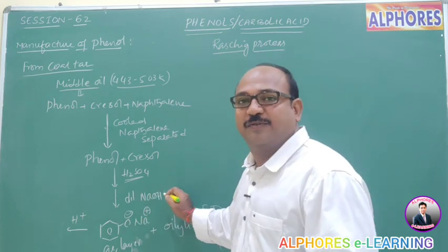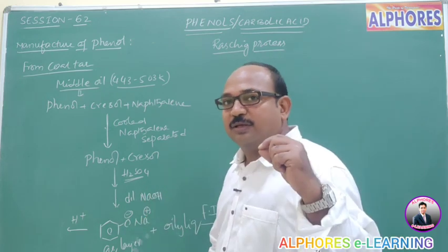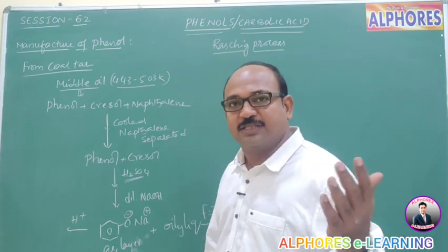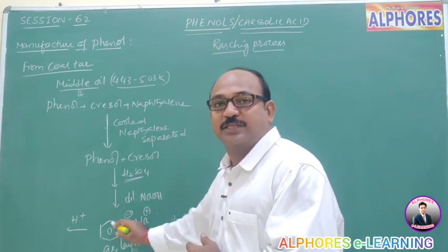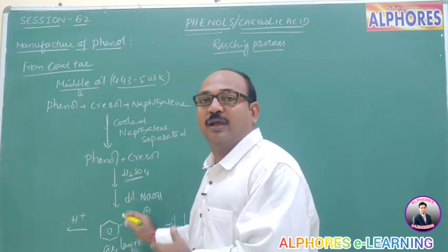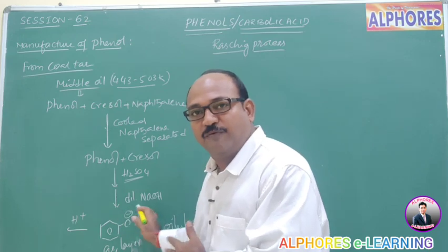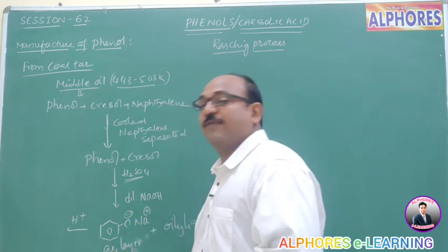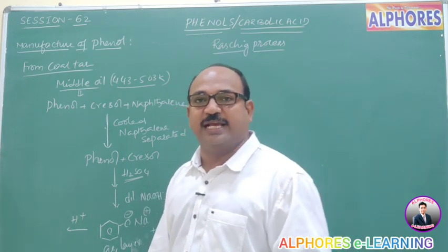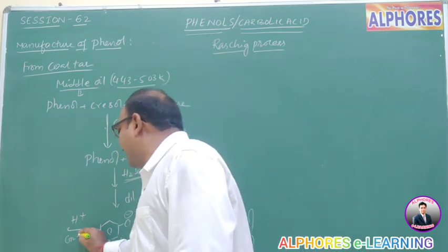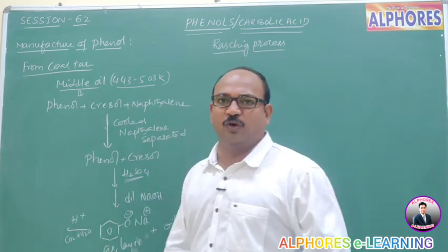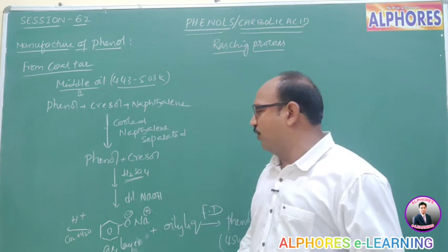Upon reaction with sodium hydroxide, the phenol or cresol which reacts with sodium hydroxide converts into sodium phenoxide, that means it comes into salt form. The salt, sodium phenoxide, comes into the aqueous layer, which upon acidification again by using dilute sulfuric acid, or carbon dioxide and water, means carbonic acid, we are getting phenol again.